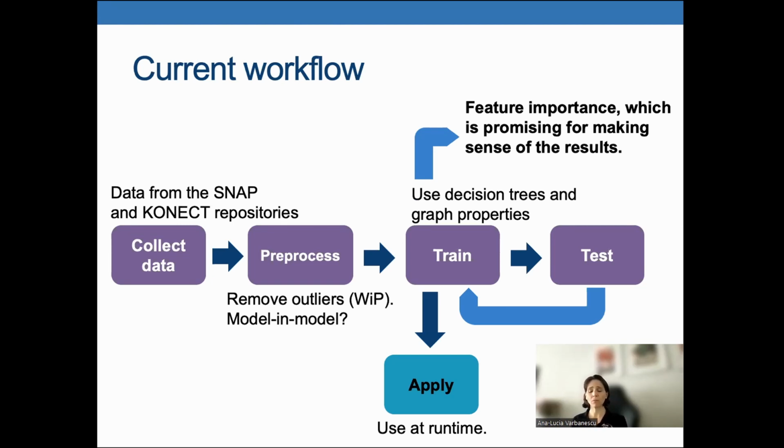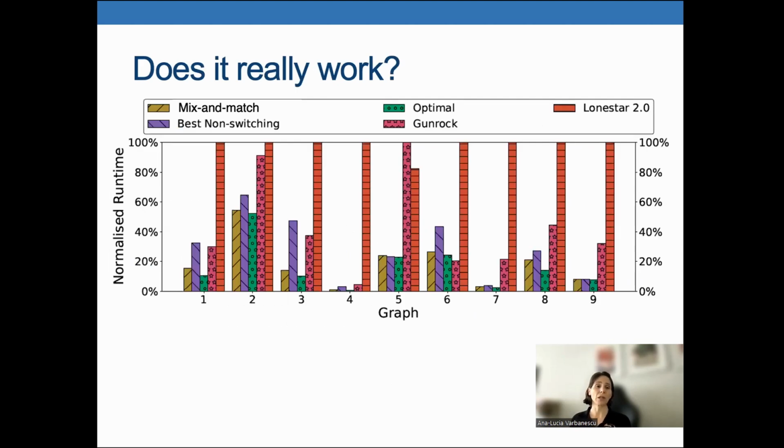Now, of course, the question is, does it really work in practice? So we have implemented this in our mix and match BFS type of algorithm, and we compare this against alternative systems. The horizontal axis this time is the graph from the table in the beginning, so one of the 9 graphs that we discussed before.